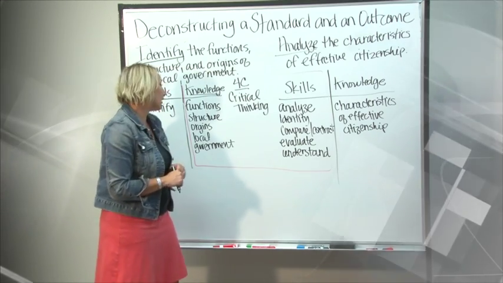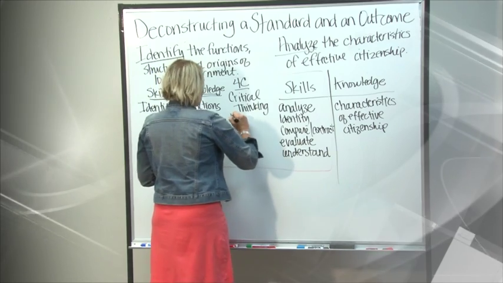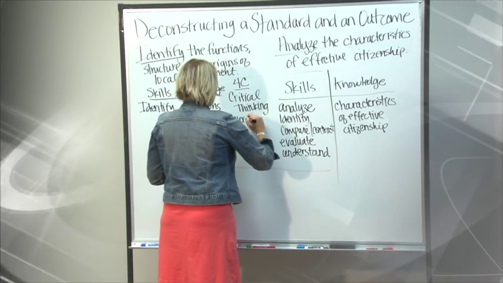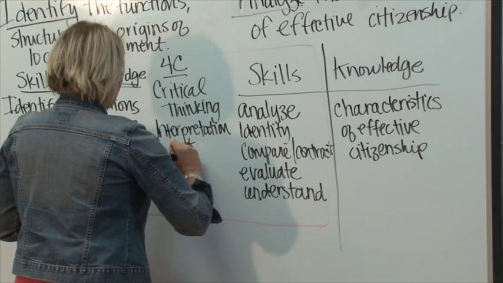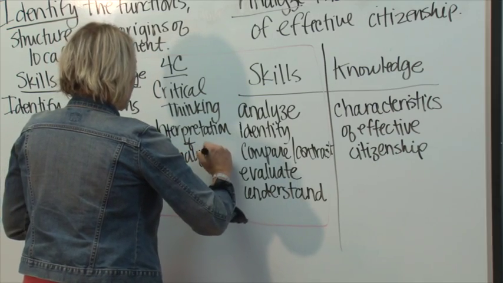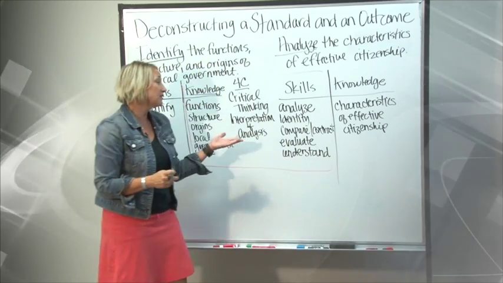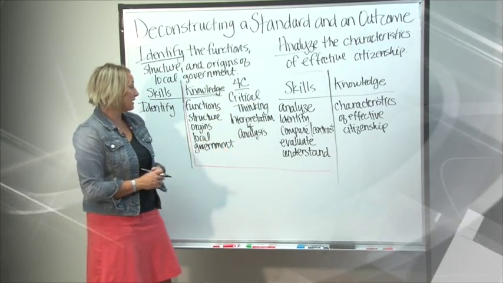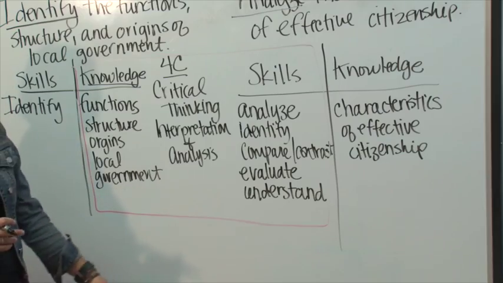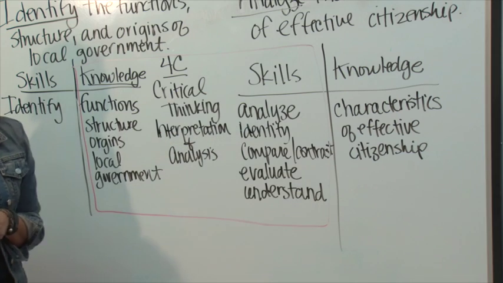And for the performance area of critical thinking, interpretation and analysis, I think, is the best fit, because really students are interpreting different types of things that the government does, and they're also using other skills to analyze.